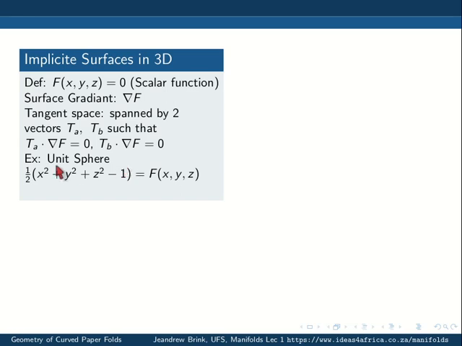And so, for example, for the unit sphere, we basically have a function, and this function is not unique, that describes the surface. We can have the function x squared plus y squared plus z squared minus 1, times some other constant, equal to f, and therefore f equals 0 describes the surface of a unit sphere.